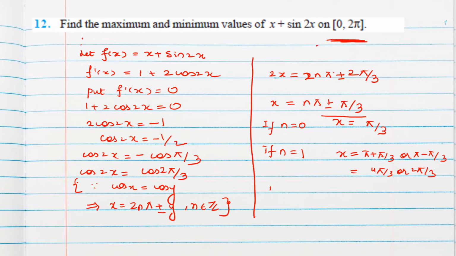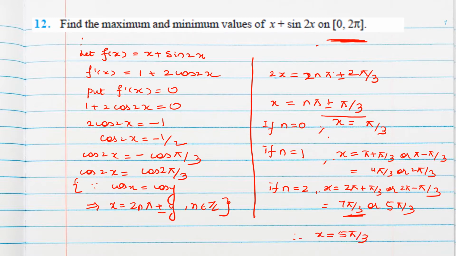Now if n is equal to 2, x value will be 2π plus π by 3 or 2π minus π by 3. So 2π plus π by 3 means 7π by 3 or 5π by 3. Okay, but 7π by 3 won't be there in the domain [0, 2π]. Therefore, x value will be 5π by 3 only.